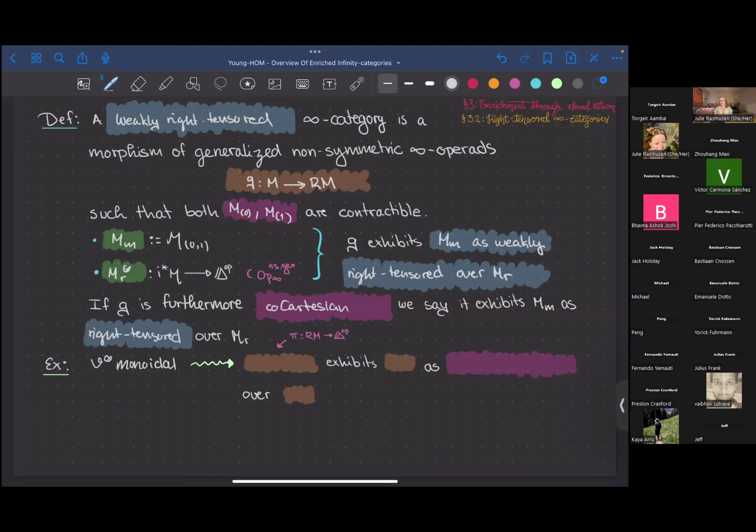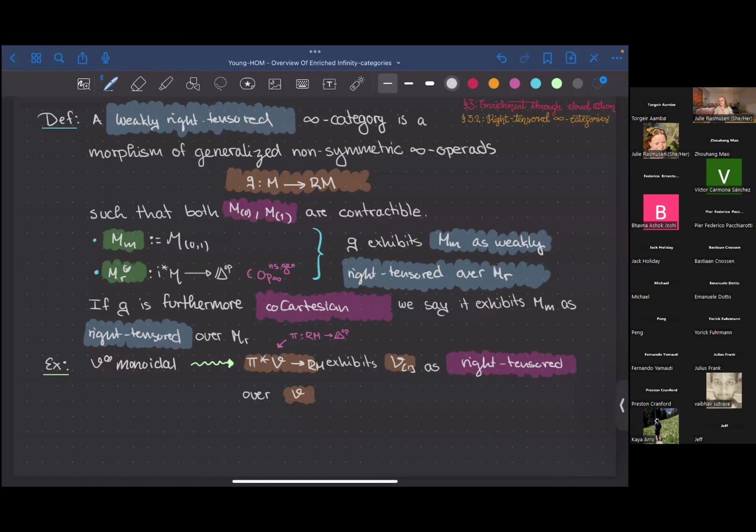And one key example that we would want to be tensored over itself, because we're starting with a tensor, is if we have a monoidal category. Then we can consider the pullback along the map from RM to Δ^op down to RM, and this will exhibit the fiber over 1 as right tensored over V. So it works as we would want.